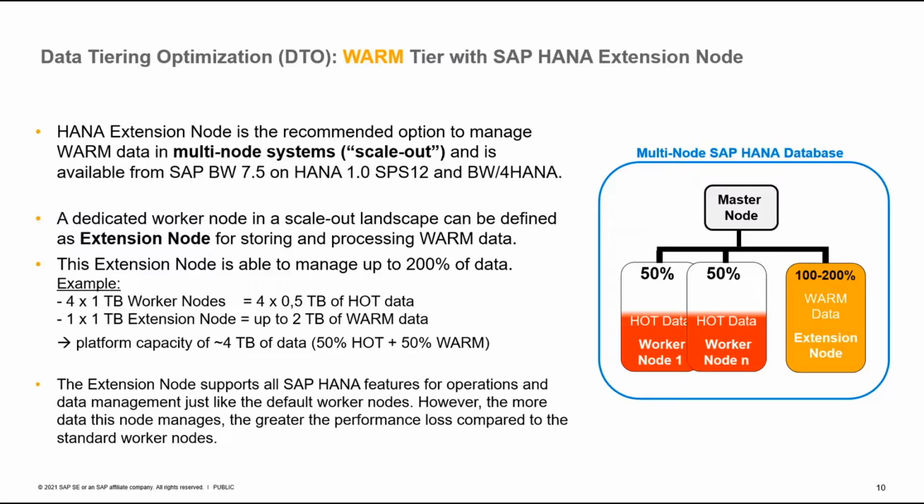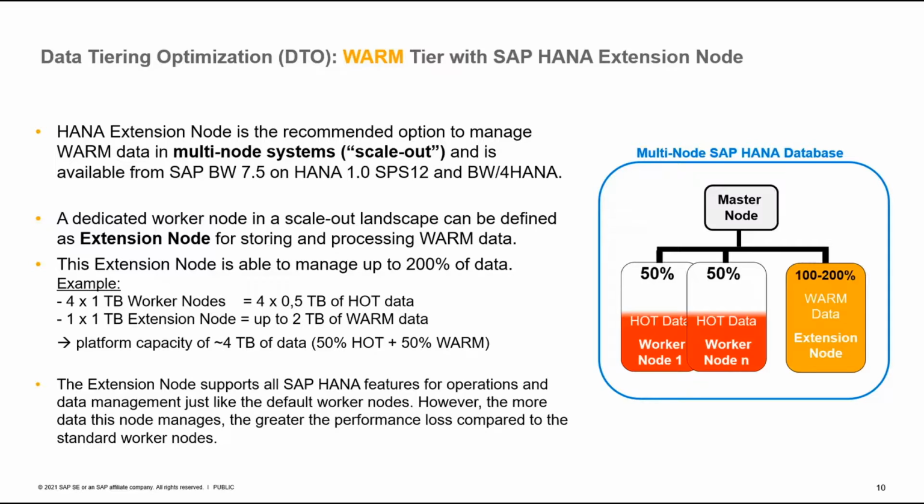The HANA extension node is just a definition to break this 50% rule of loading data and to define that one node can manage up to 100 or even 200% of data. That means there's a constant swapping from the persistence, and the system always loads and unloads the data which is required.